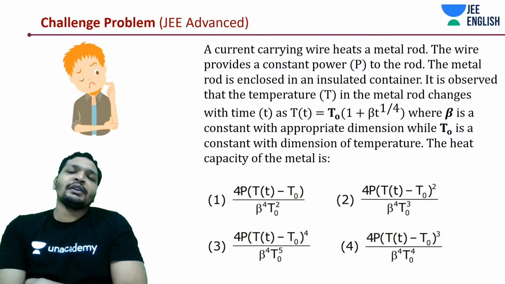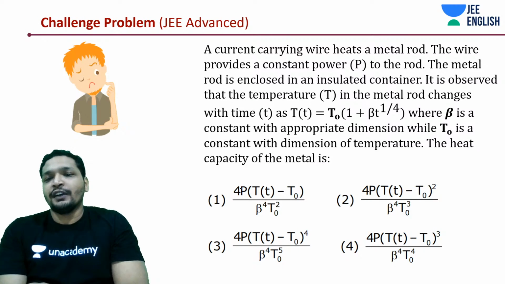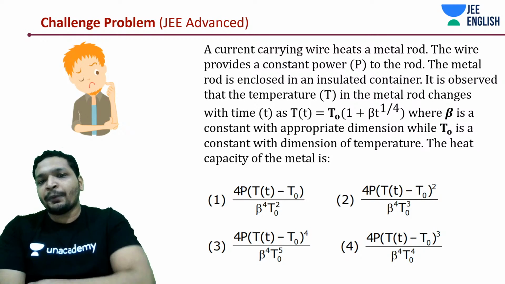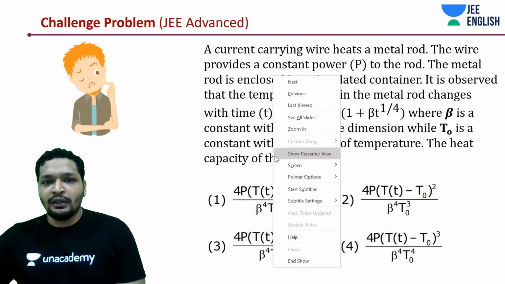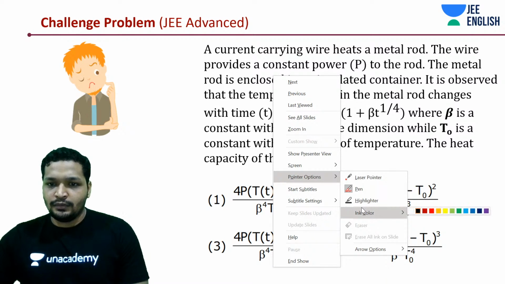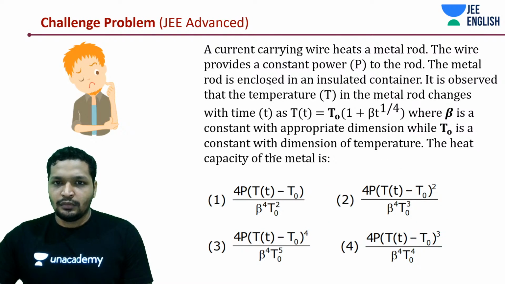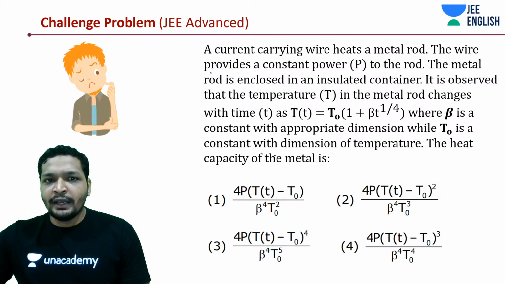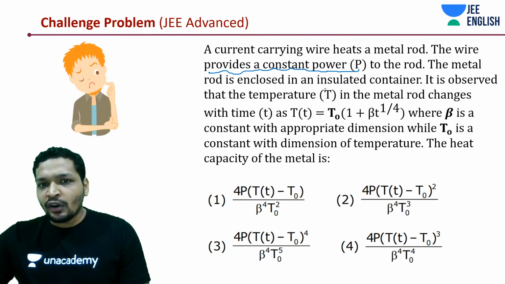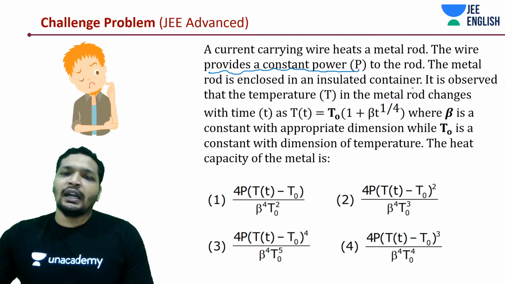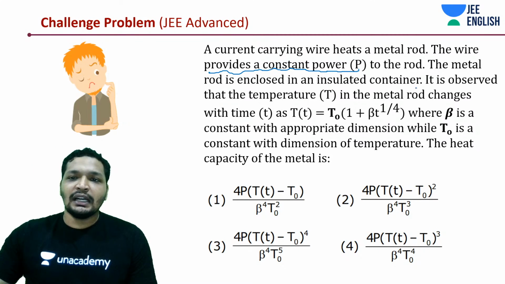The current carrying wire heats a metal rod. Forget everything. The wire provides a constant power P to the rod. The metal rod is enclosed in an insulated container.